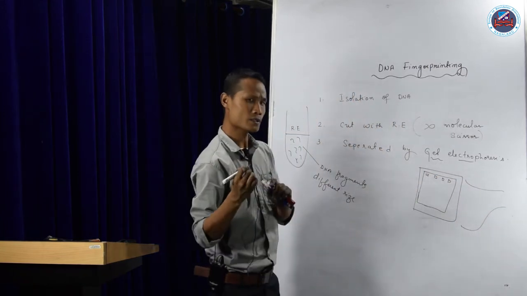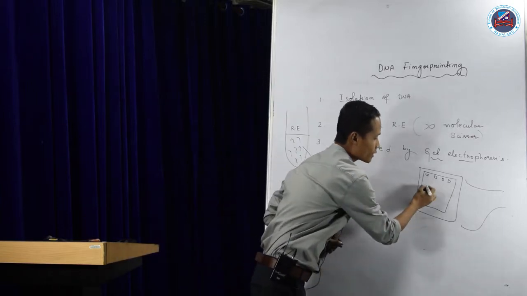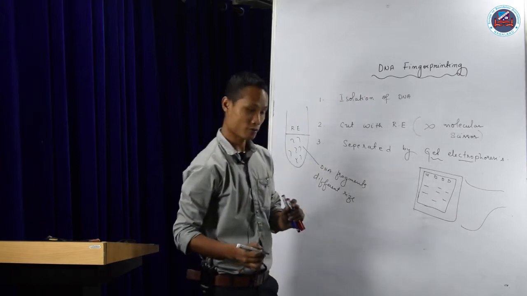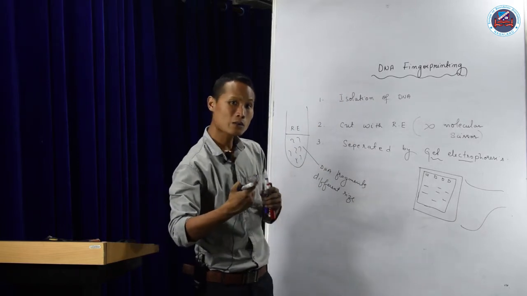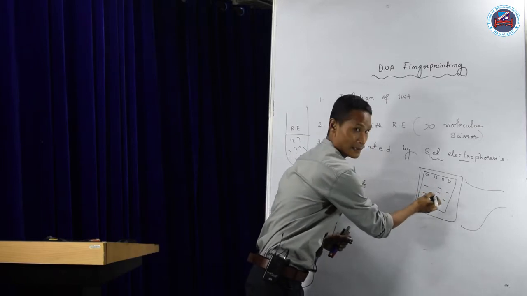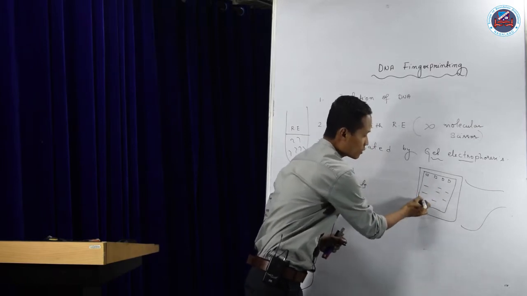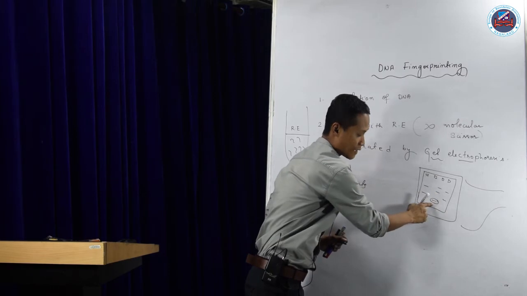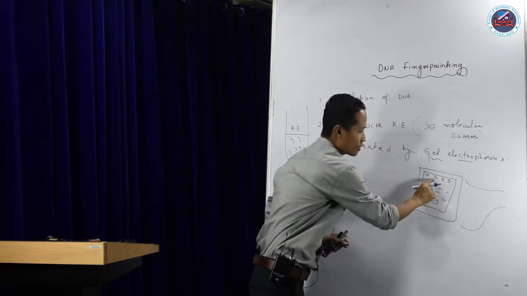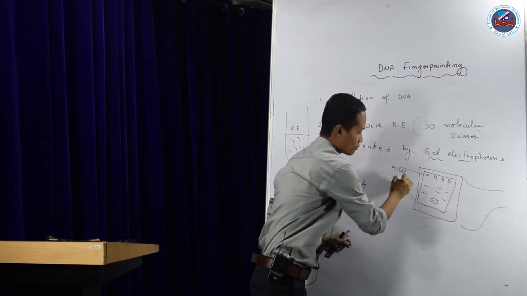After some time, you will find that these DNA fragments, you know that DNA is negatively charged, right? So when a current is passed, they will move. The smaller fragments will move farther away from the well.